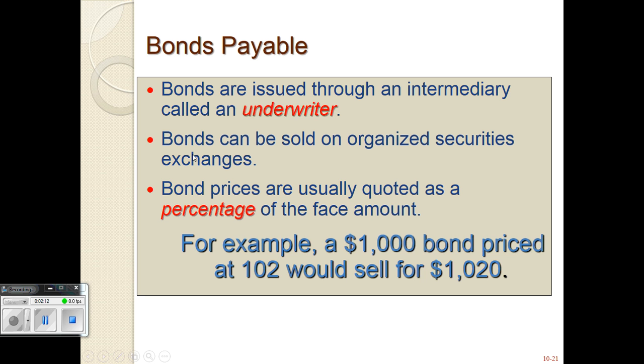So for example, if you saw a price of 102, the way to interpret that is it's 102% of par. So you'd take 1.02, multiply it by 1,000, and the price of the bond would be 1,020. If the price of the bond was 90, that would mean it is selling at 90% of par, and you'd take 1,000 times 0.9, and it'd be selling for $900.